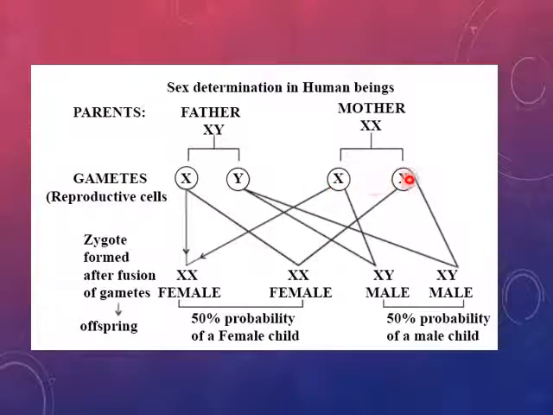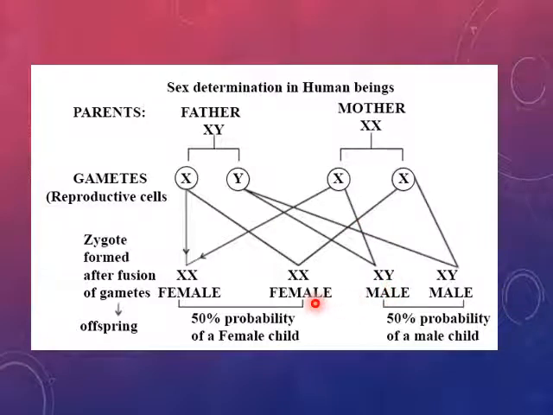homogametic. During fertilization, when the X sperm fertilizes the X ovum, the resultant is a female. And if Y fertilizes the ovum, the resultant zygote is a male.